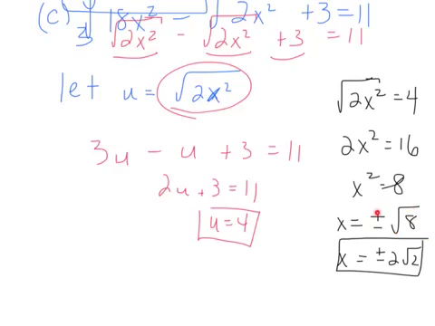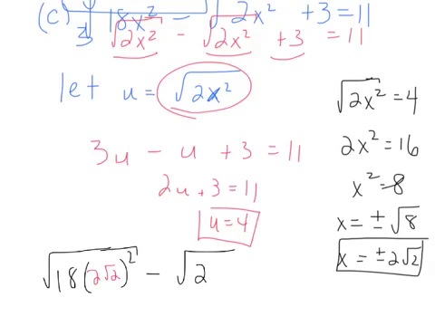It might be easier to plug in, but you could also plug this in. It makes no difference. So our original equation said radical 18 times x squared, so that's going to be just 2 root 2, and that's going to be minus radical 2 times x squared, again 2 root 2, and it's going to be a plus 3 equals 11.